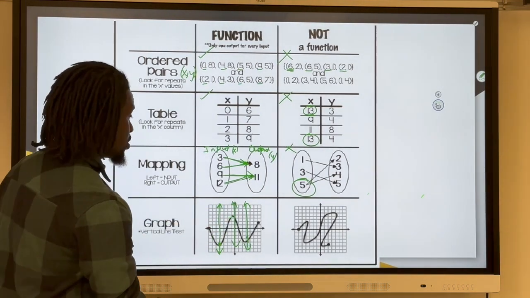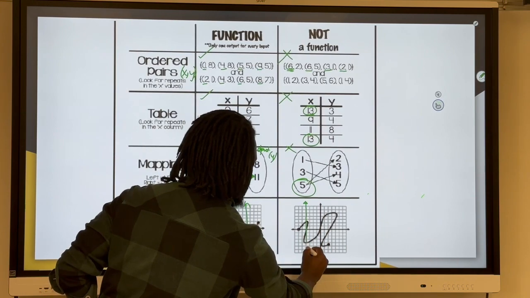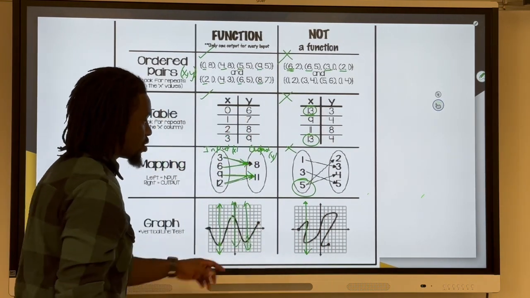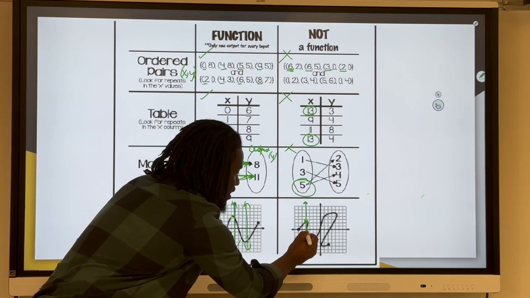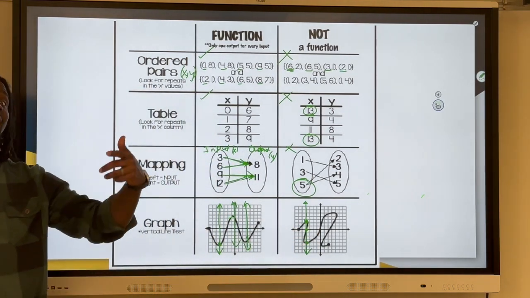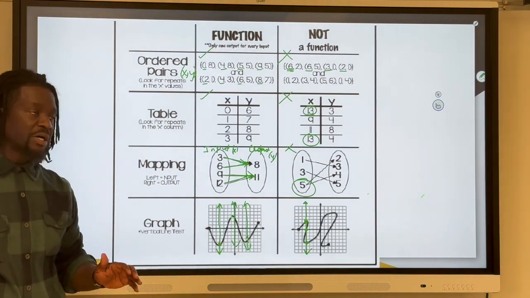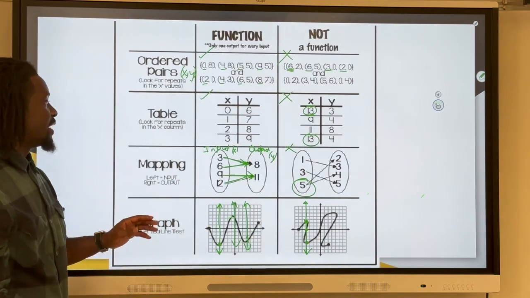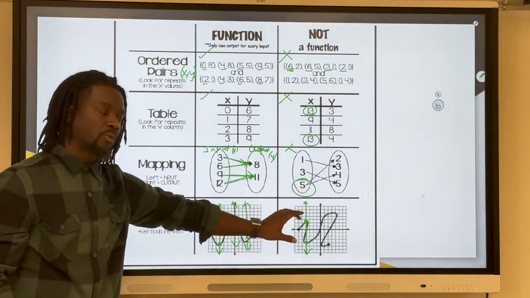Let's look over here. Now, if I draw this vertical line on this point, or on this line right here, what you should see is that this touches my graph right here, and right there. It touches it at more than one point, so that is not a function, okay? Again, it's the same idea, but it's just shown in a different way.